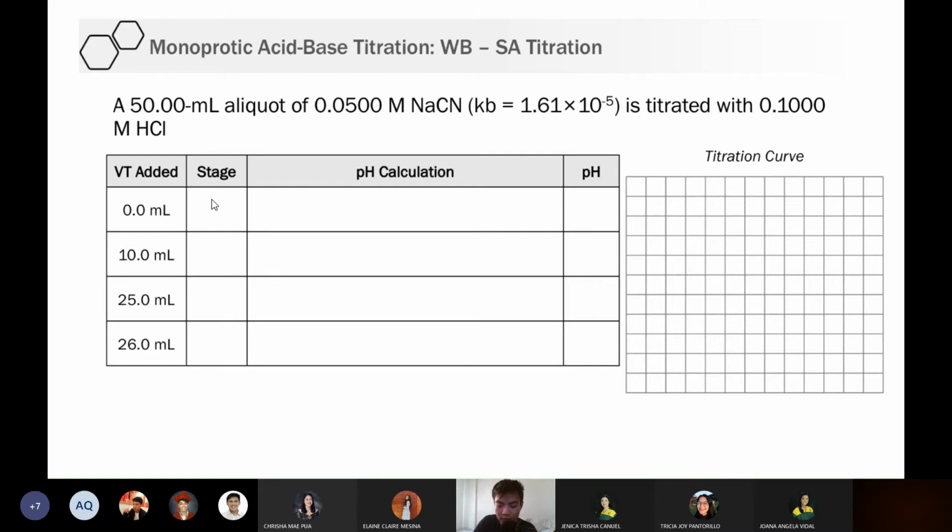So, I know this is the EP, and the other stages can now be assigned. So we have the initial, the pre-EP, and the post-EP. So yan, I know the stages now.